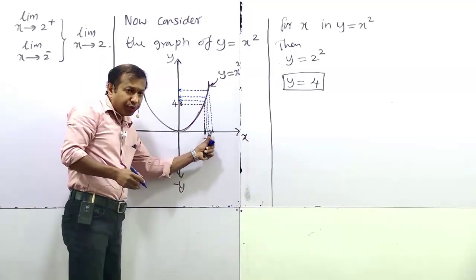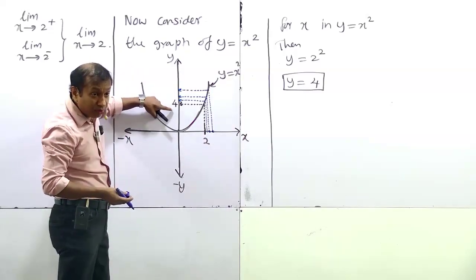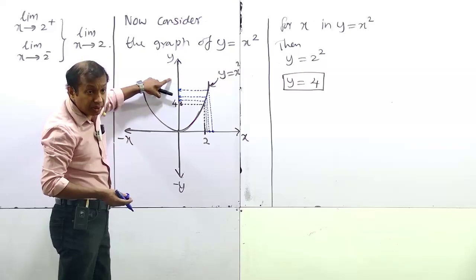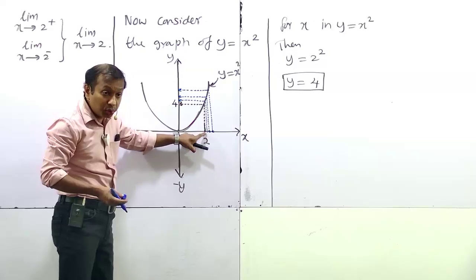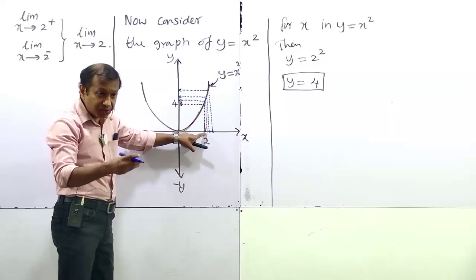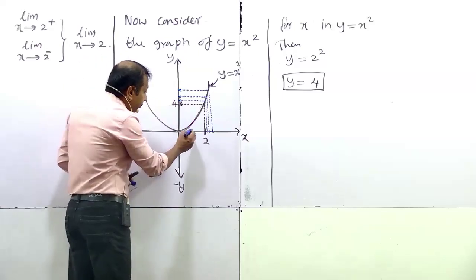Then x is going towards 2 from the right. Then what can we say here? The y values come to 4 from above. Then how do you write? As x goes to 2 plus, y goes to 4 plus. Mark them here too.